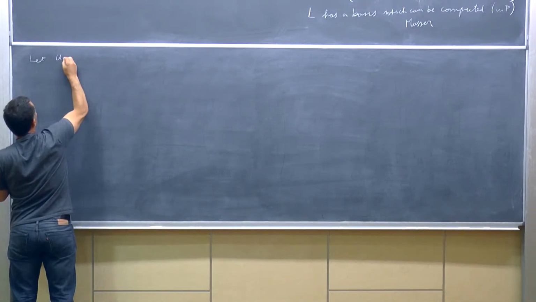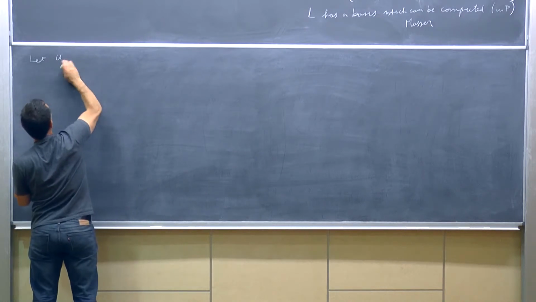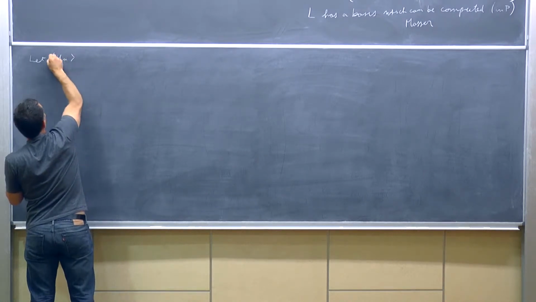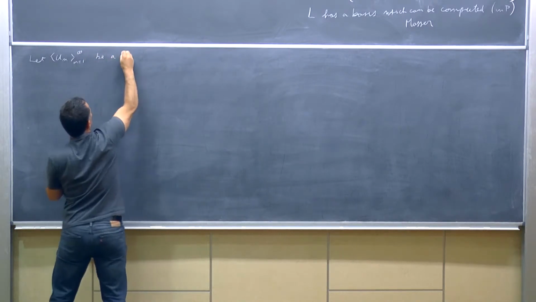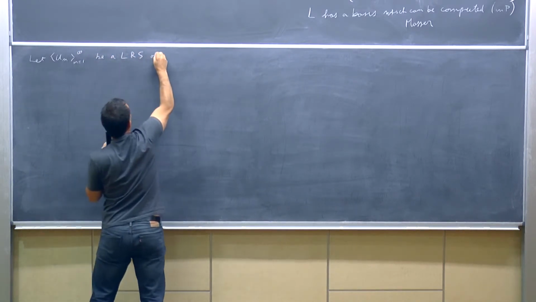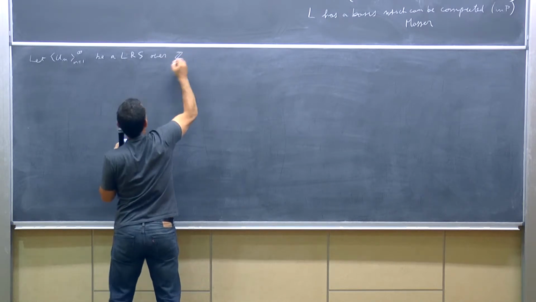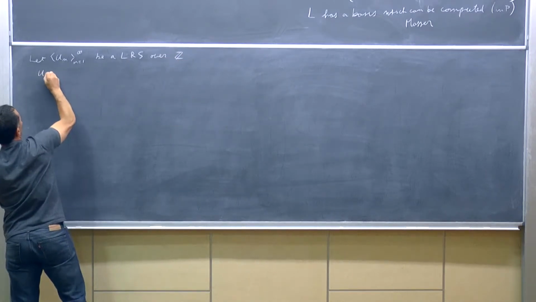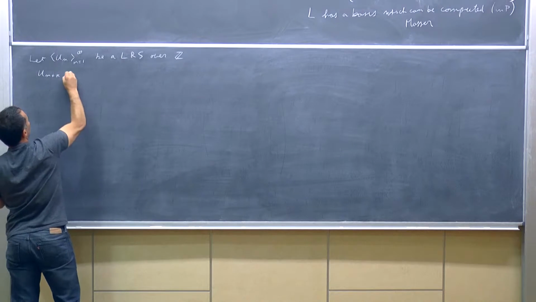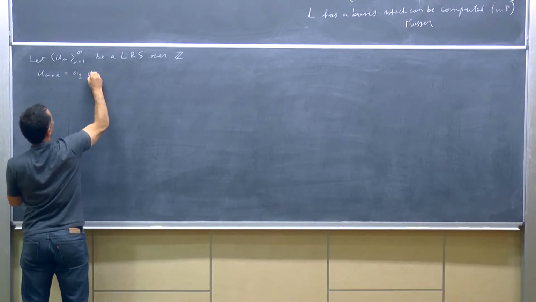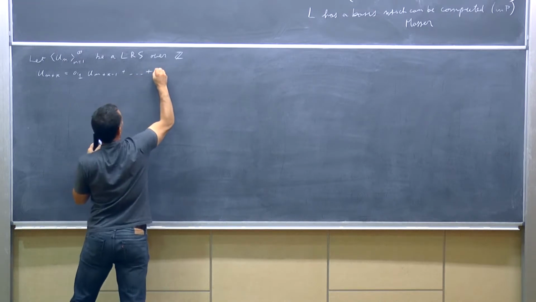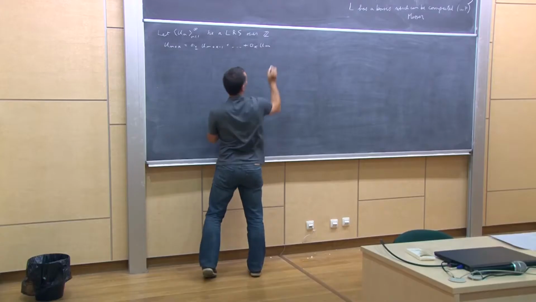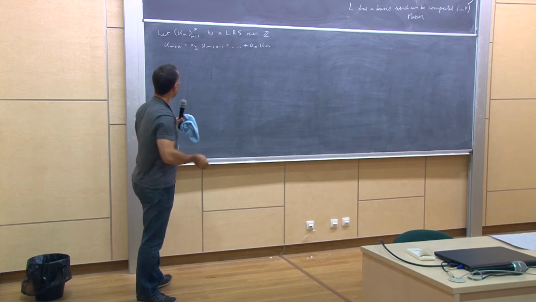So let u_n, n equals 1 to infinity, be a linear recurrent sequence over, let's say, the integers, given by u_{n+k} equals a1 u_{n+k-1} plus dot dot dot plus ak times u_n. Okay.